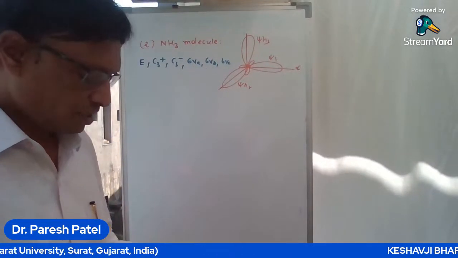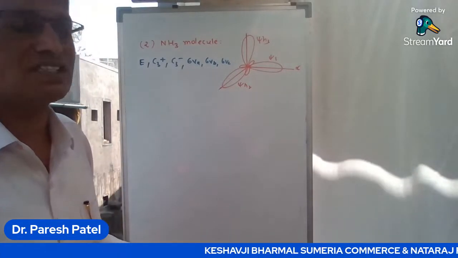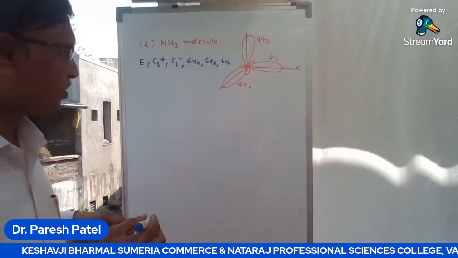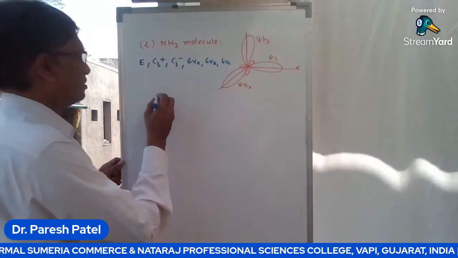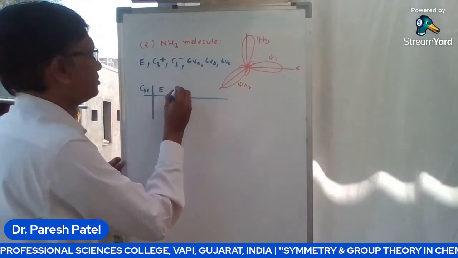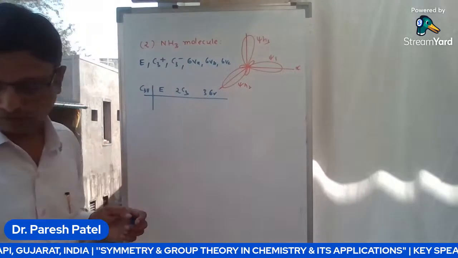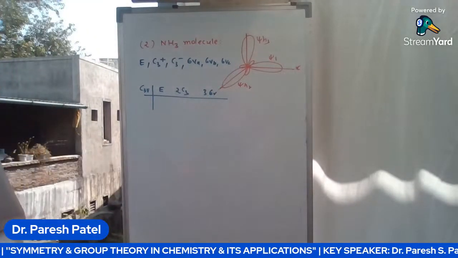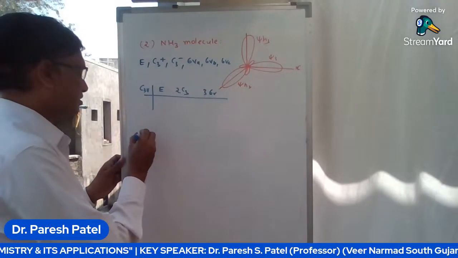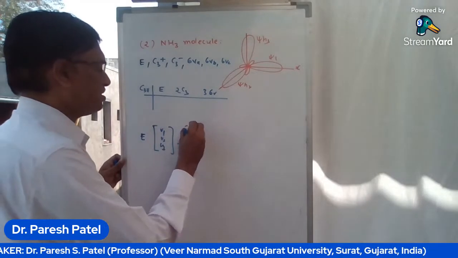So the ammonia molecule consists of E, C3 plus, C3 minus, sigma Va, sigma Vb, sigma Vc symmetry elements. Now consider three hybrid wave functions in the form of vectors V1, V2, and V3. Now operate different symmetry operations on V1, V2, and V3. This is C3V: E, 2C3, and 3 sigma V. Now if we operate the identity symmetry operation on V1, V2, and V3, there is no change in the position of the vectors.